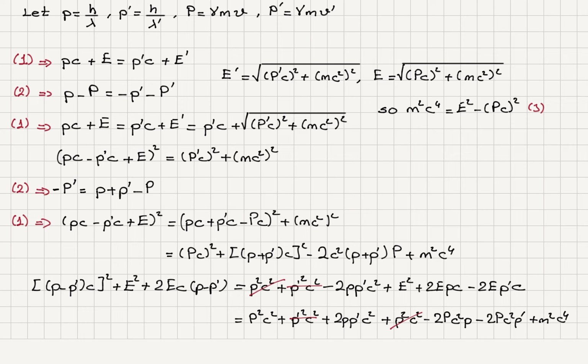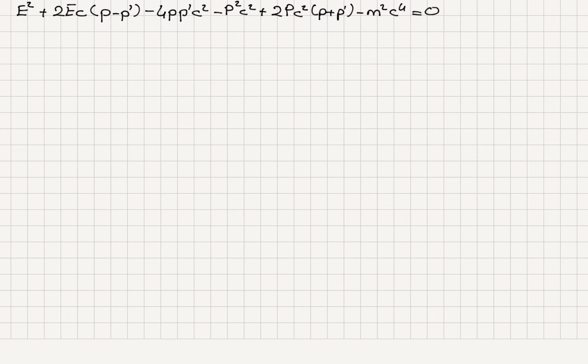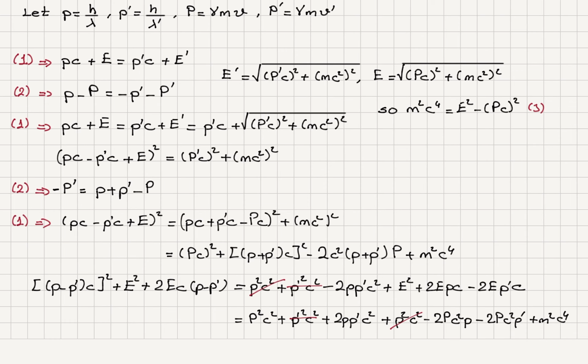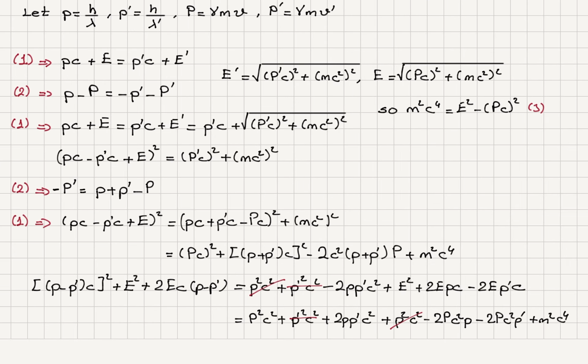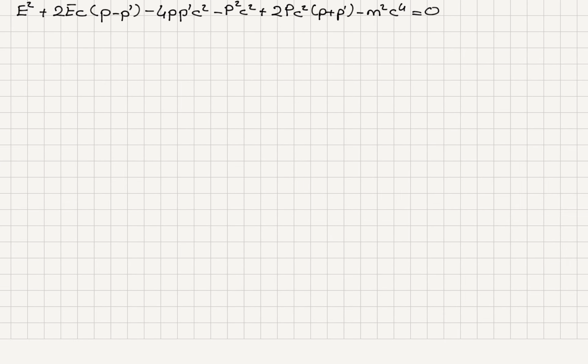And then I have minus capital P squared c squared. And then I have this term 2pc squared (p plus p prime) taken to the left hand side, this becomes plus, and this term taken to the left hand side minus m squared c to the fourth power is equal to 0.